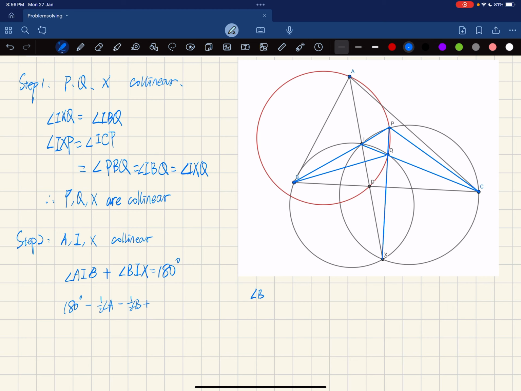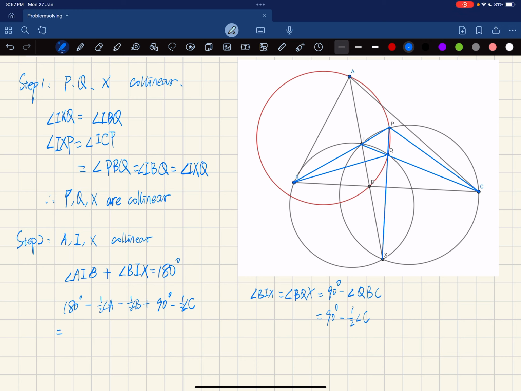Angle BIX equals angle BQX, which equals 90 degrees minus angle QBC, and then equals 90 degrees minus QCB, which is half of angle C. Okay, we have this equation.